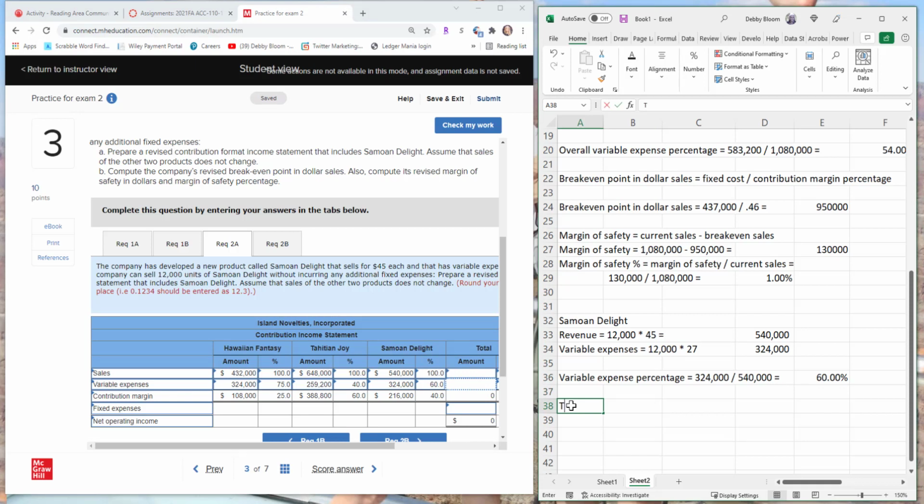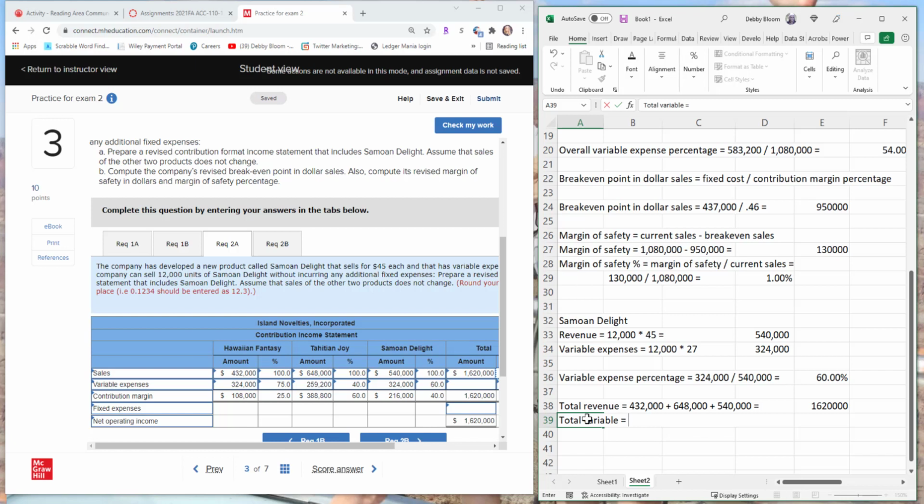Now we have to add up the total revenue. So to add up the total revenue, I'm going to take 432,000, add 648,000, and add 540,000. $1,620,000 of total revenue. Now I'm going to add up the total variable expenses.